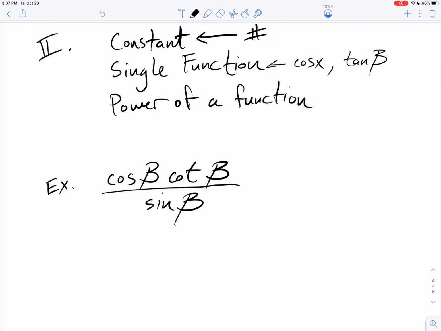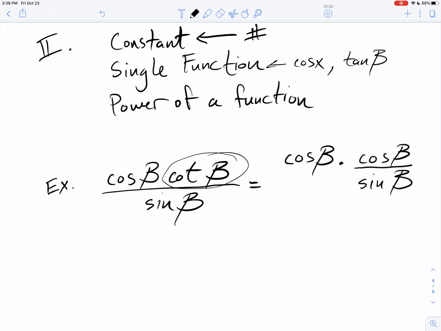I am going to say unto ye, this could be the same thing in the top as cosine beta times, well, what is cotangent? Isn't it the same as cosine beta over sine beta? And by the way, that's beta. That's another Greek letter.